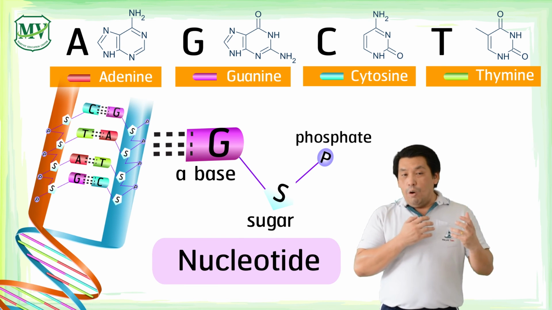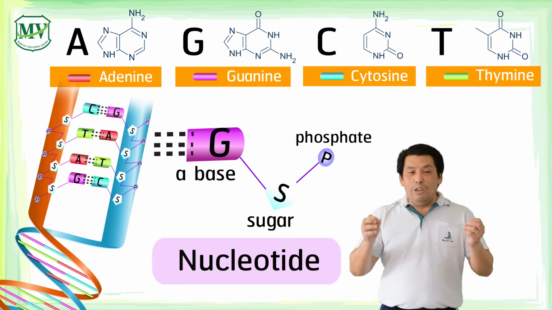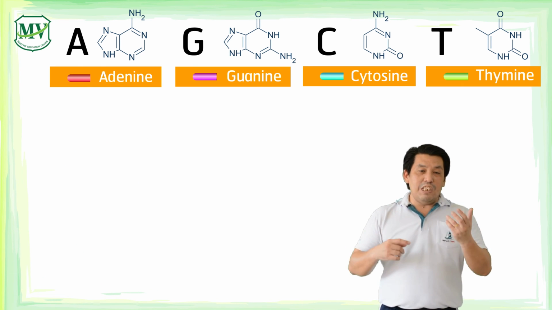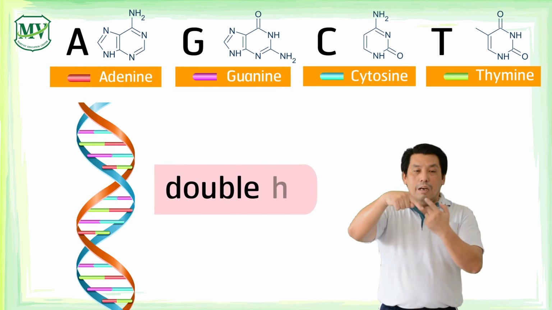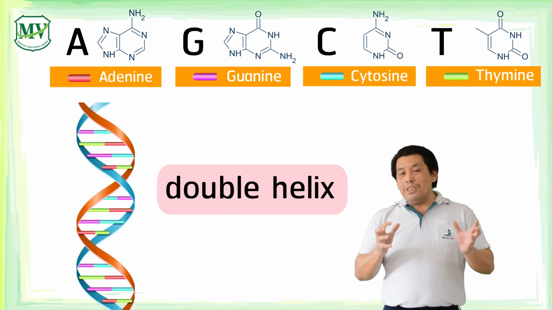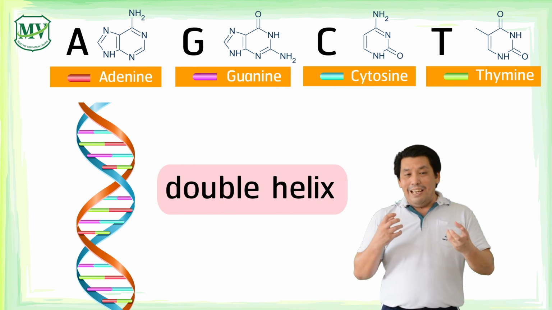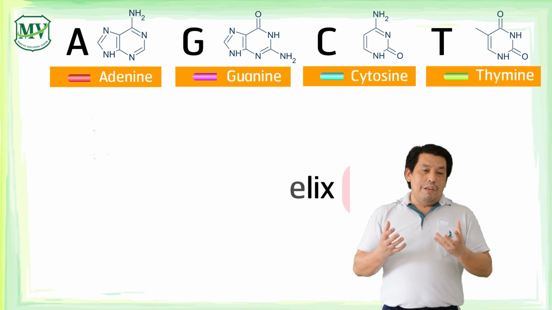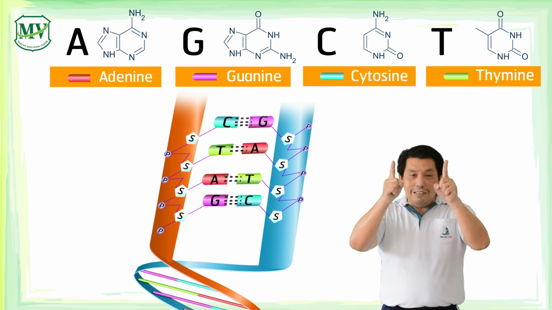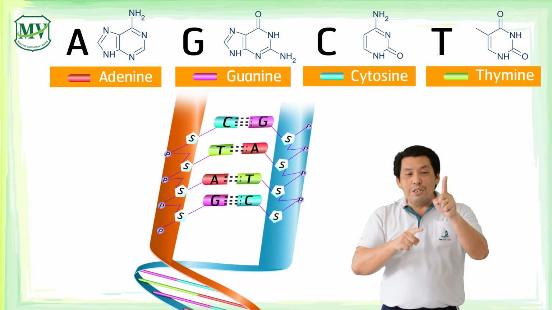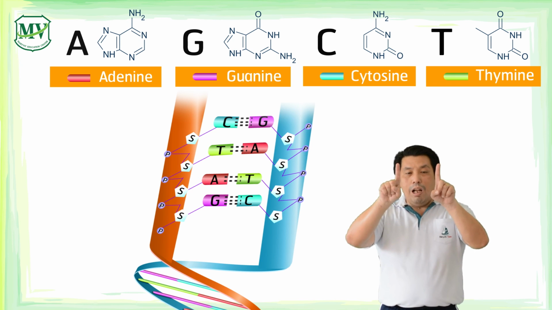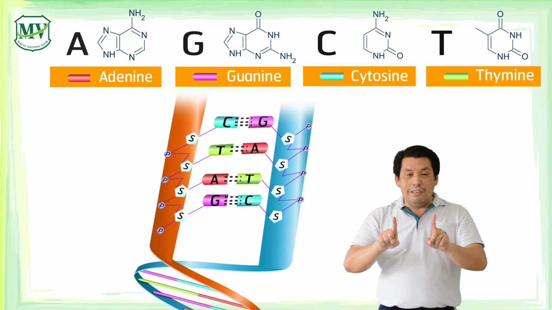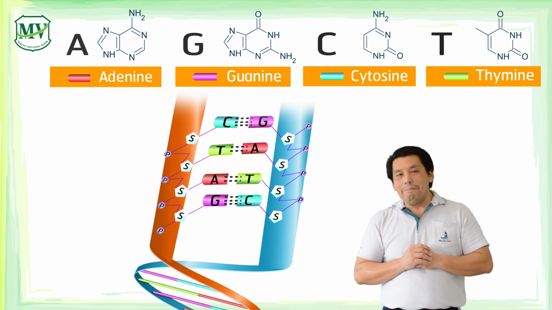Nucleotides are arranged in 2 long strands that form a spiral called a double helix. The structure of the double helix is somewhat like a ladder, with the base pairs forming the ladder's rungs, and the sugar and phosphate molecules forming the vertical side pieces of the ladder.